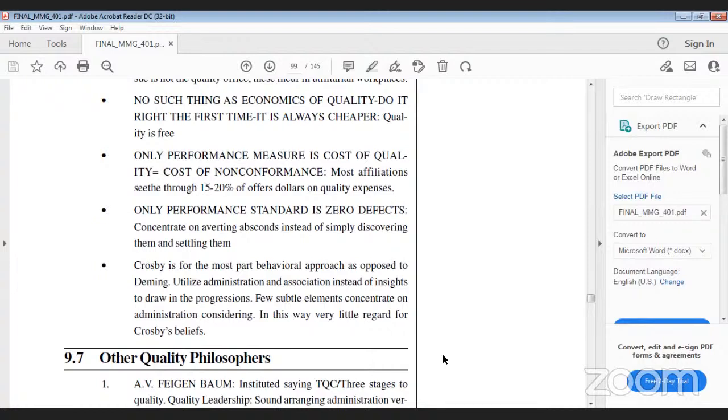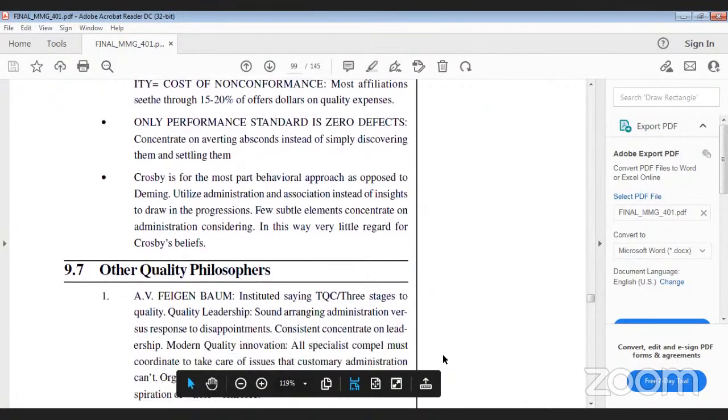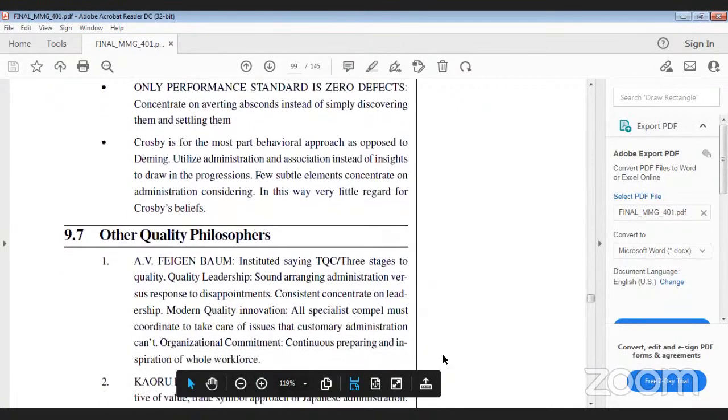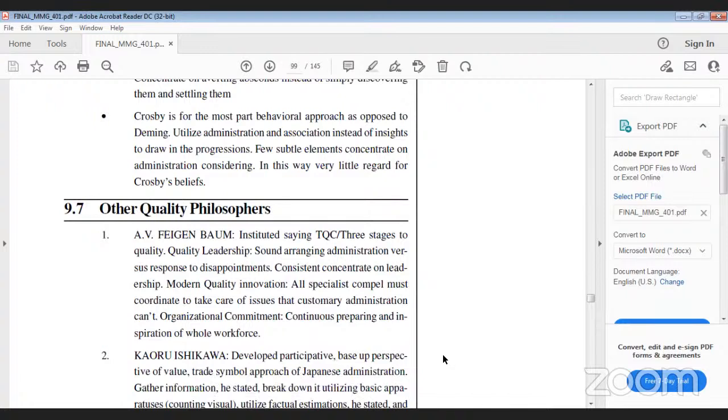There are some other quality philosophers also. A. V. Feigenbaum, he is as institution saying TQC, three stages to the quality leadership. Here, sound, then administration versus response, then consistency, then modern quality innovations, and organizational committee.